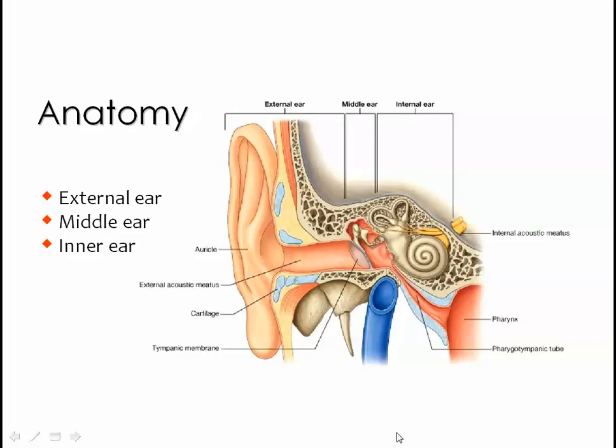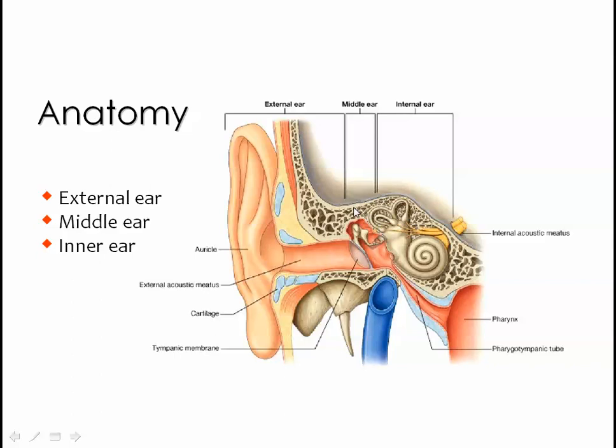And you know that the ear is divided into three major parts: the external ear, the middle ear, and the inner ear. The external ear is the ear which is the passage for the sound from outside until you reach the level of the eardrum.